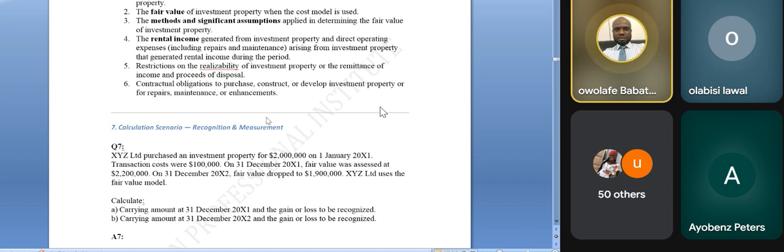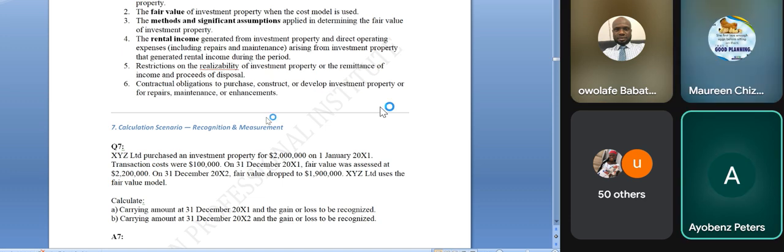Then, as of December 2022, the fair value dropped to 1.9 million. That means 2.2 minus 1.9 million, a difference of 300,000 loss. So the carrying amount as at December 2022 will be 1.9 million.